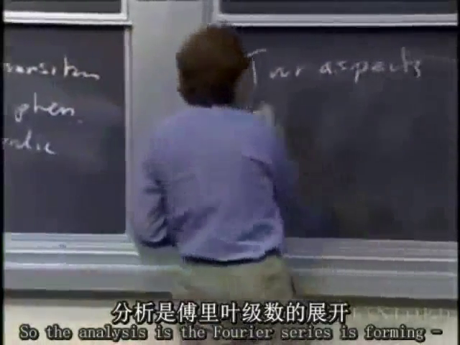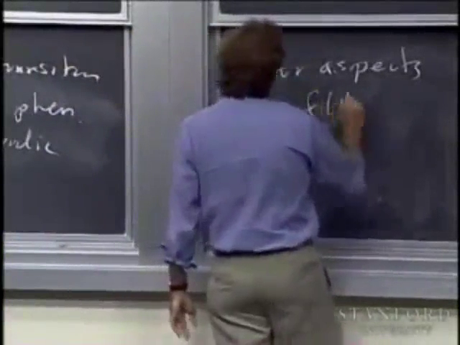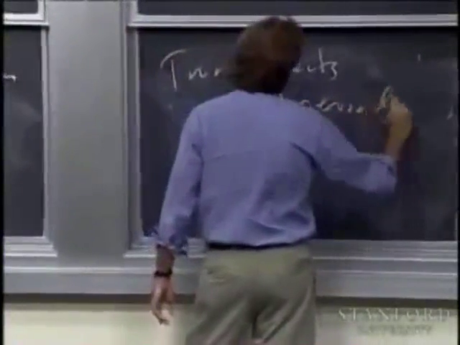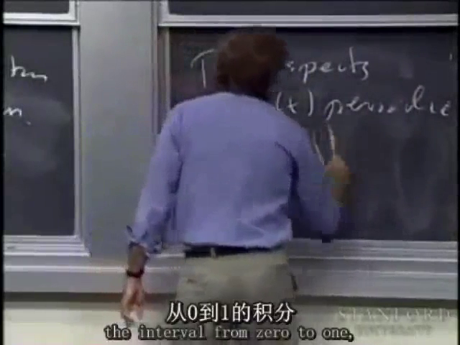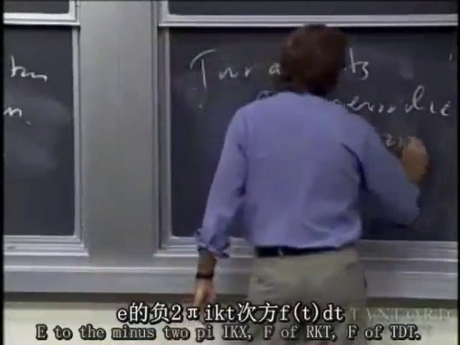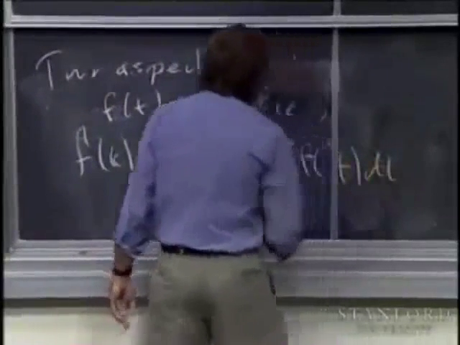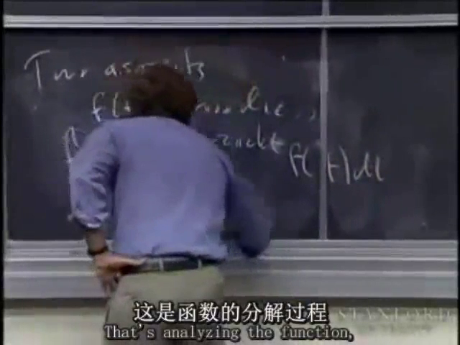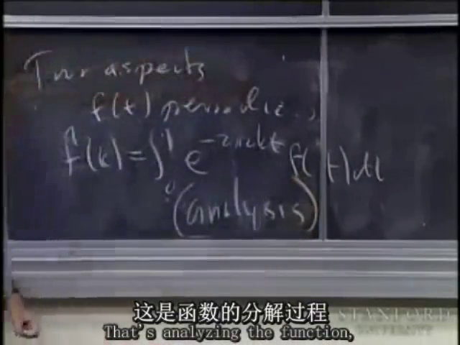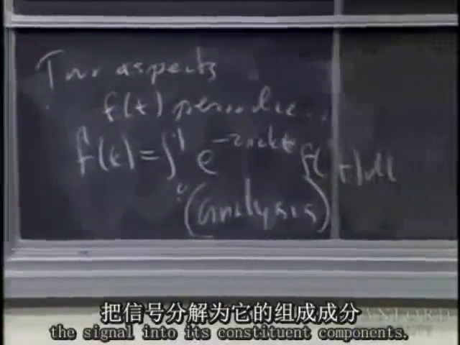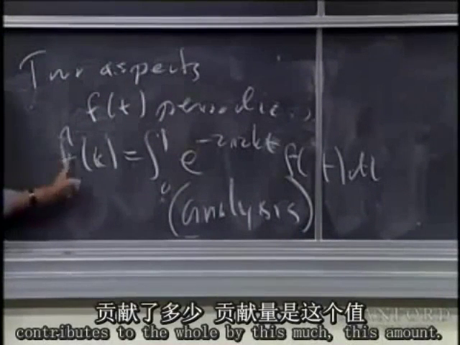The analysis is forming the Fourier coefficients: if f of t is periodic, then you have the integral from 0 to 1 of e to the minus 2 pi i k t times f of t dt. That's analyzing the function, the signal, into its constituent components, figuring out how much each complex exponential contributes to the whole.